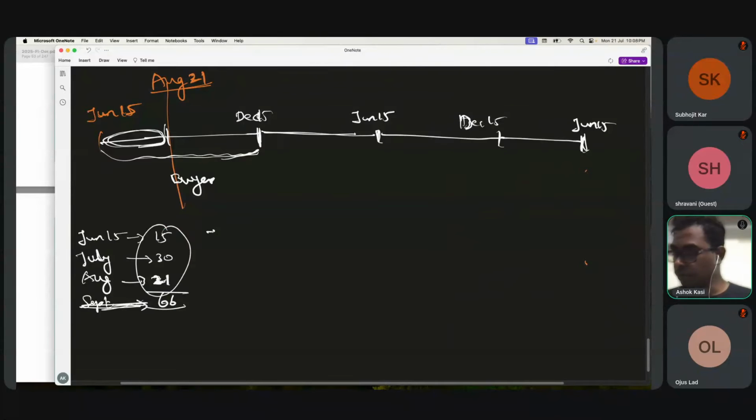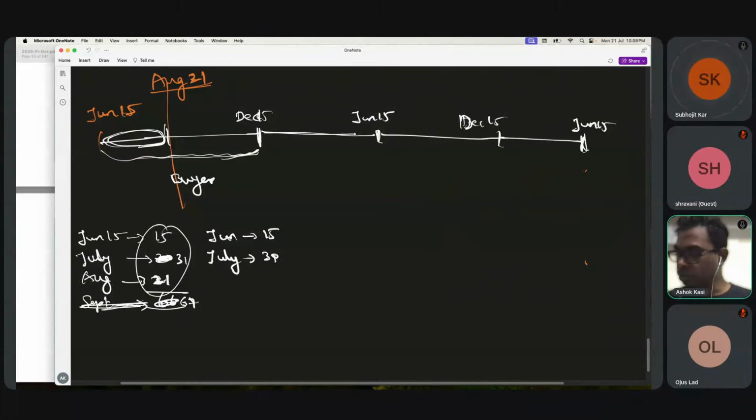And total number of days will be June, 15 days. July is 31 days, no? So mistake. July, August is 31. So this is 67.